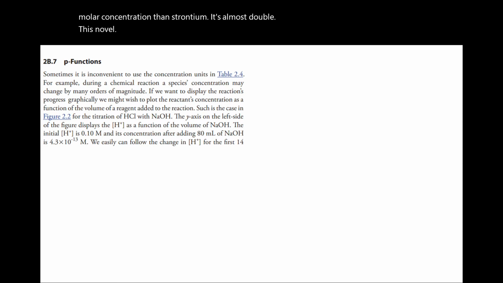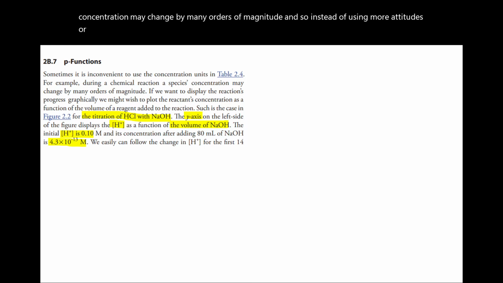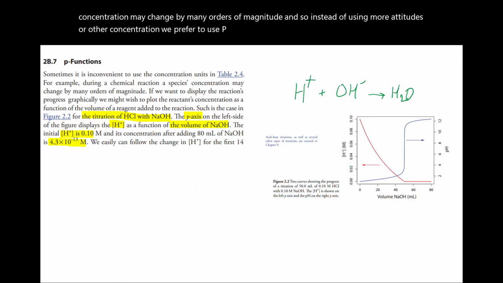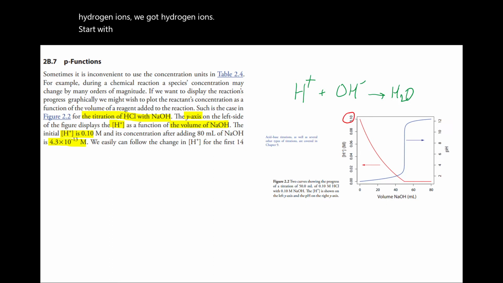The other concept is the P functions. Many times when we're dealing with concentrations, the concentration may change by many orders of magnitude. So instead of using molarities or other concentration units, we prefer to use P functions. For example, in this graph here, we got hydrogen ions that start with 0.1 molar hydrogen ion concentration.